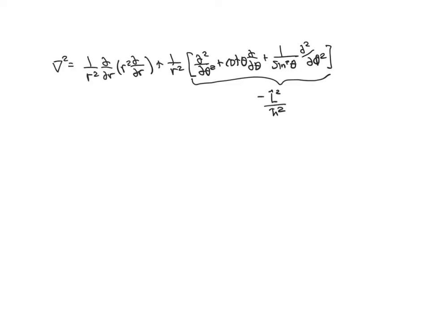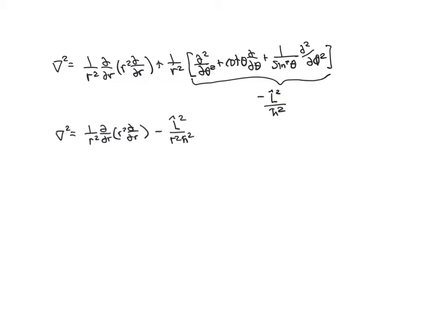This will simplify our Hamiltonian because we've already solved this problem when we solved the rigid rotor. So let's write our del squared operator in terms of that angular momentum operator. So we still have this dependence on r, minus L hat squared over r squared h bar squared.